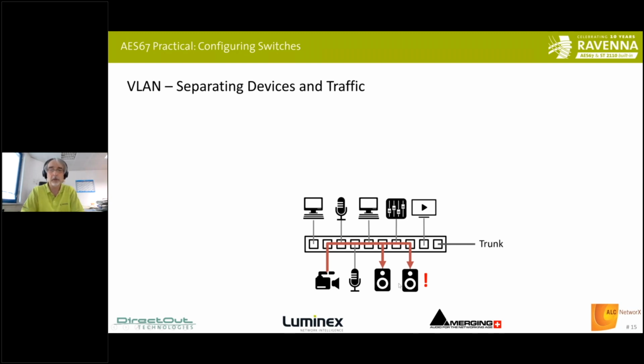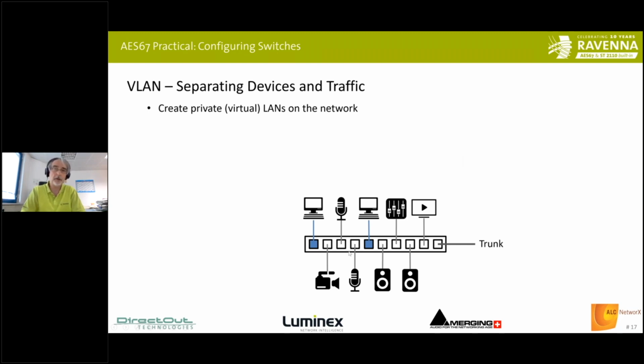So you definitely want to set traffic zones where you can isolate the devices and their traffic from each other. You do that by creating virtual LANs or private LANs on the local network. This is done by assigning VLAN groups to individual ports or devices.